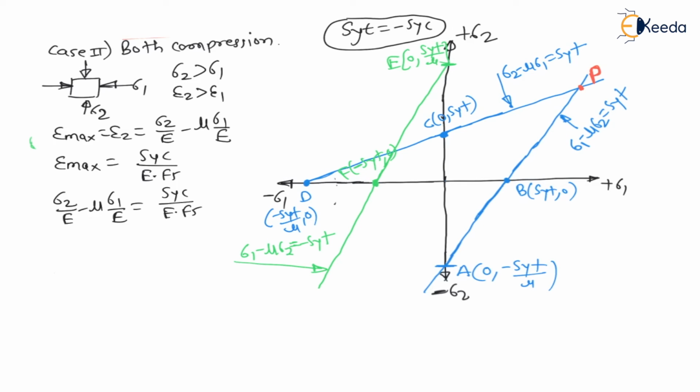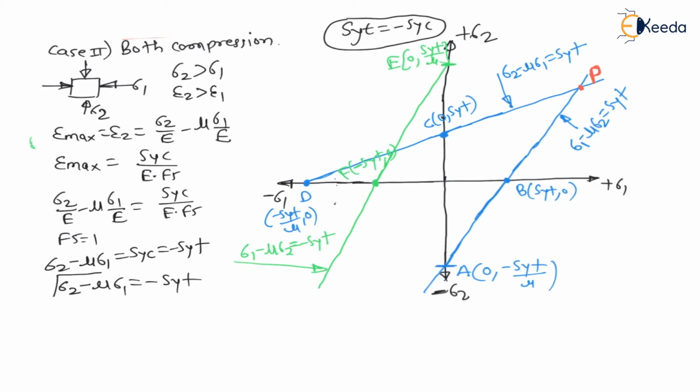E will get cancelled, and if I consider factor of safety equal to 1, the equation becomes sigma 2 minus mu sigma 1 is equal to SYC, which is nothing but minus SYT. SYC is under compression, SYT is under tension, both having the same magnitude but opposite in nature.